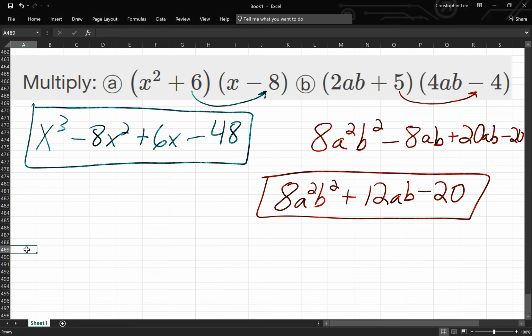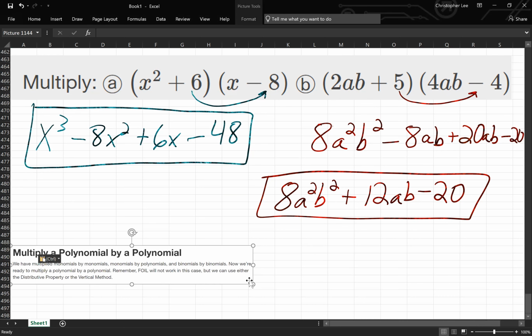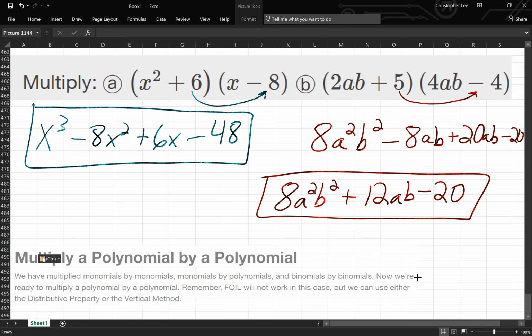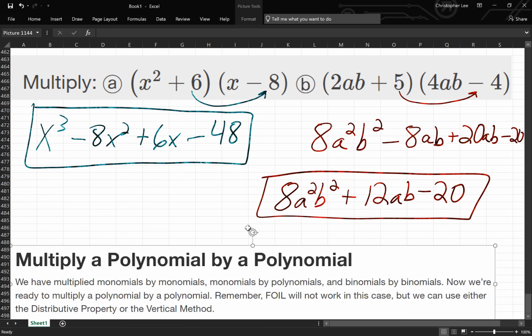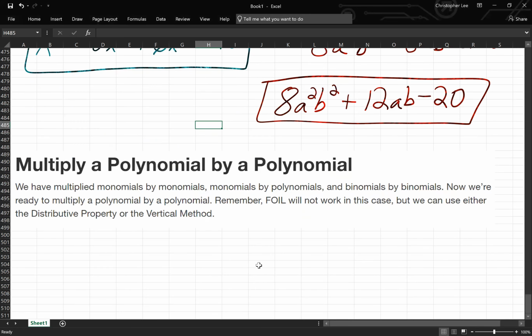So we're gonna take it up a notch. All right. I'm gonna multiply a polynomial by a polynomial. So we've multiplied monomials by monomials, monomials by polynomials, and binomials by binomials.